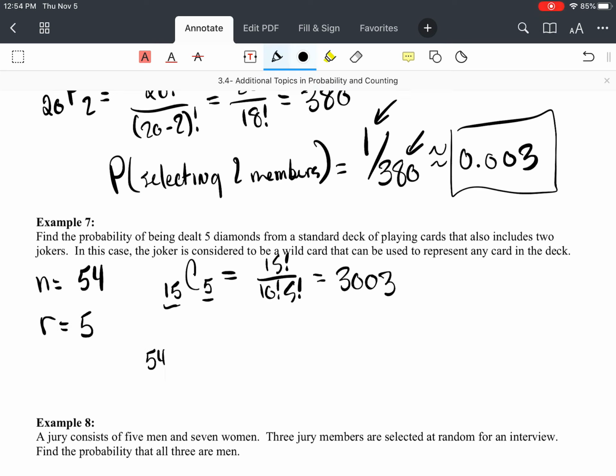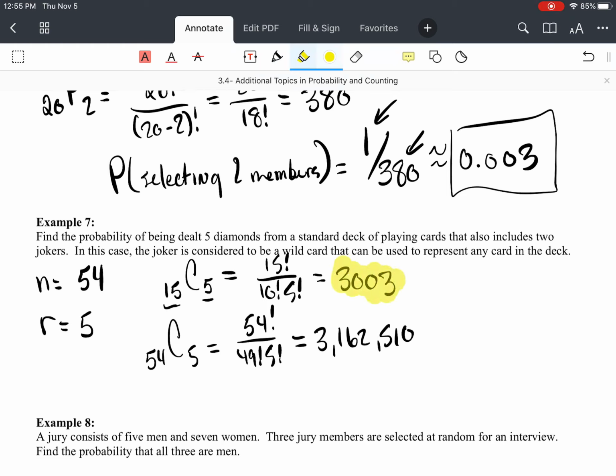Now we need to look at the total possible outcomes that we could draw. We have a total of 54 cards in our deck, and we want to choose 5 of those. So this would be 54 factorial divided by 54 minus 5, which is 49 factorial, times 5 factorial. Using our calculator, you get a total of 3,162,510 possible outcomes.